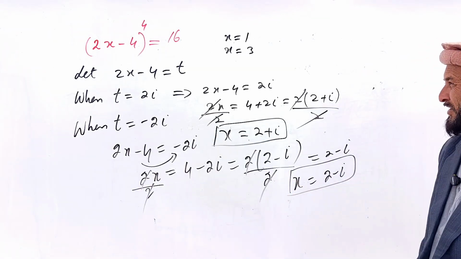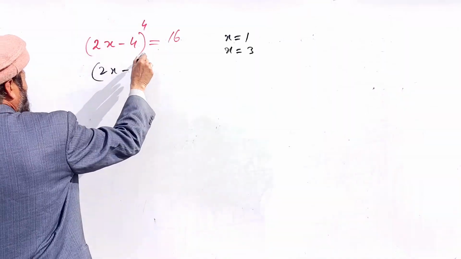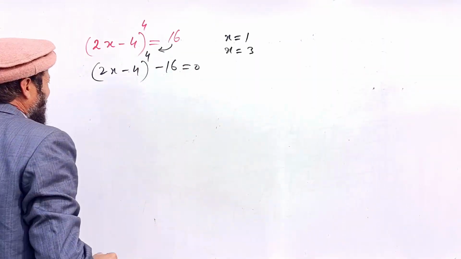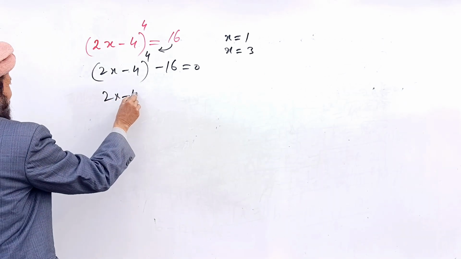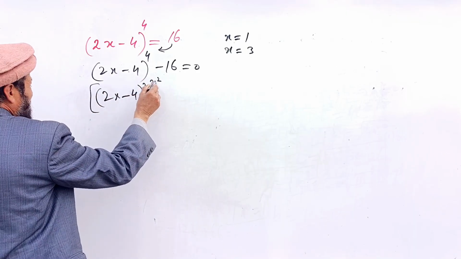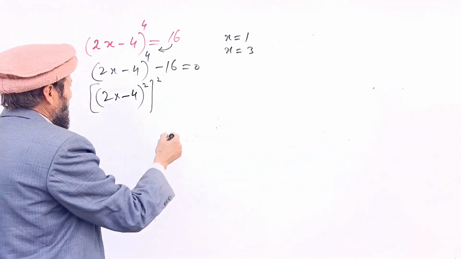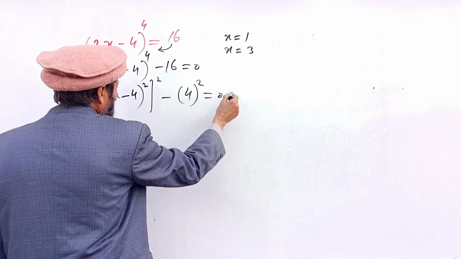Now we apply the second method: (2x minus 4) whole exponent of 4, if we transfer it here, minus 16 is equal to 0. Now we try to make the formula in the form of a square: the whole exponent 4 is a double exponent, so we get (2x minus 4) whole square, whole square, minus 4 square is equal to 0.